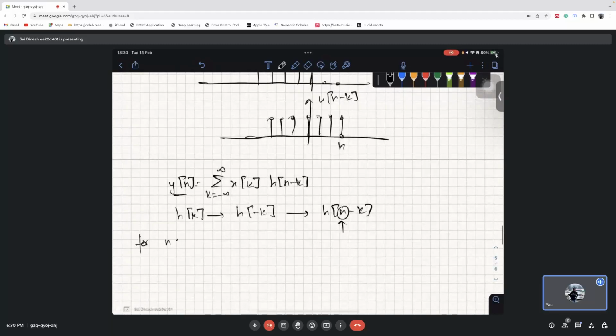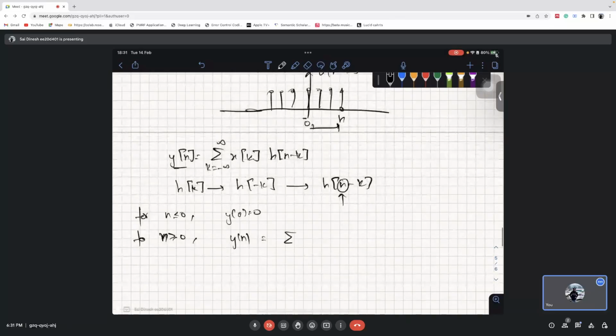So then the resulting signal would be 0. For n less than 0, y of n is 0. For n greater than or equal to 0, y of n will overlap only over the 0 to n range. So it will be the sum for k equal to 0 to n of alpha power k, which is 1 minus alpha power n plus 1 by 1 minus alpha.